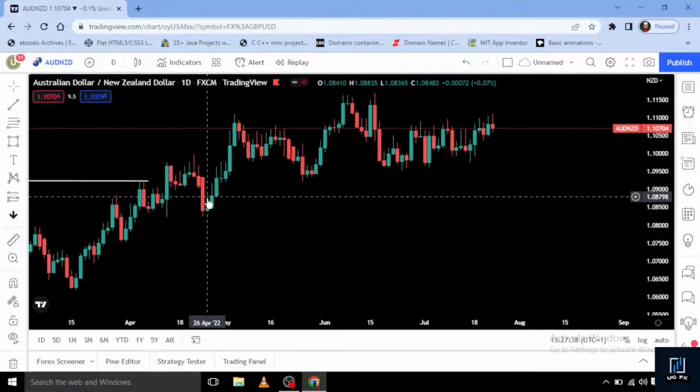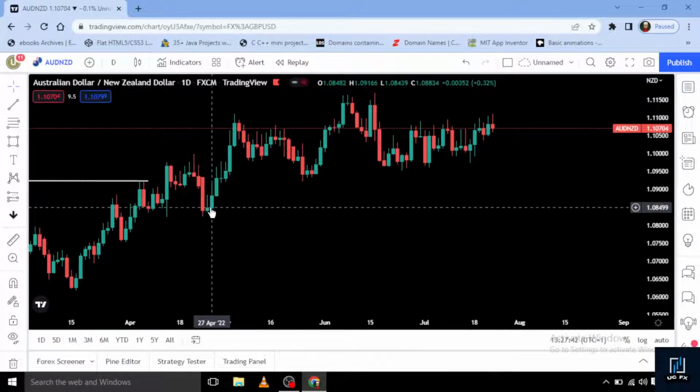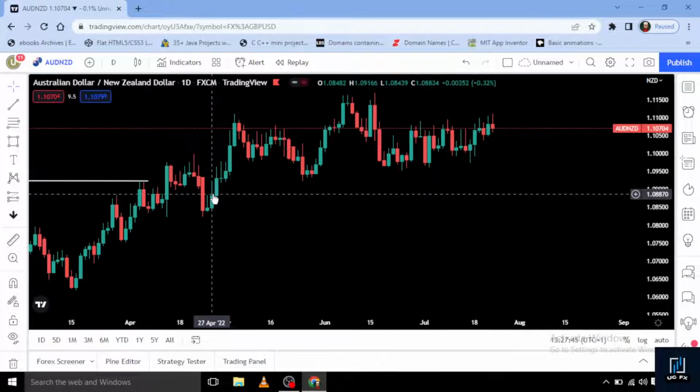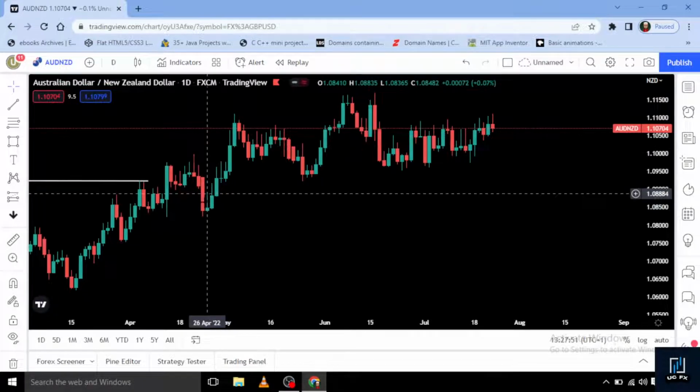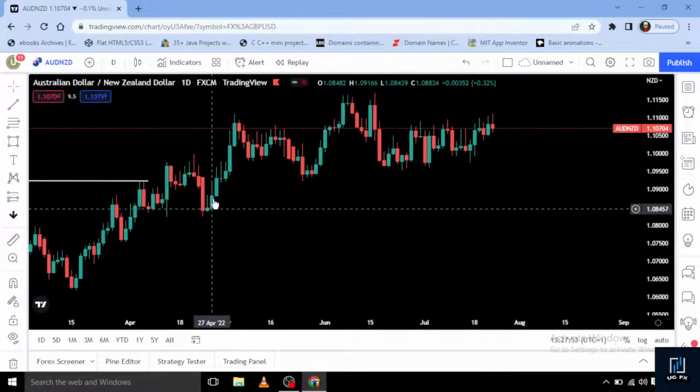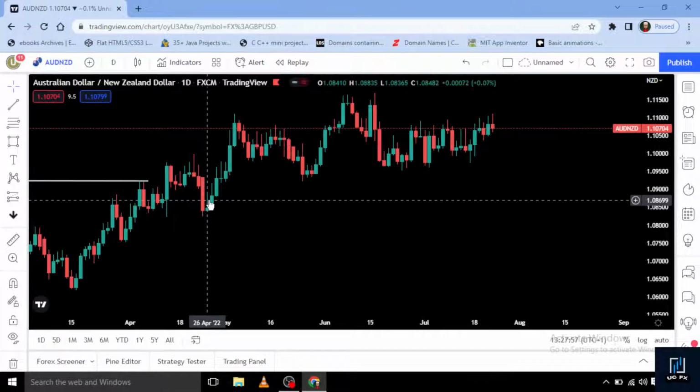So in case you see stuff like this, you see a bullish candle before an impulsive move, you have to go down to the H4 time frame to refine this order block, because there is an order block inside this area. You have to go down to the lower time frames to refine this order block.